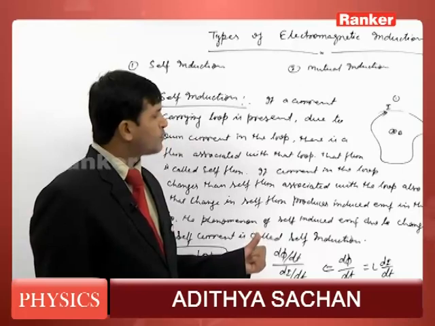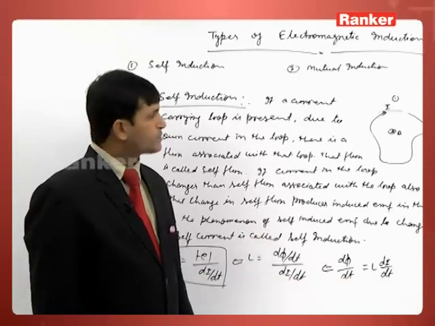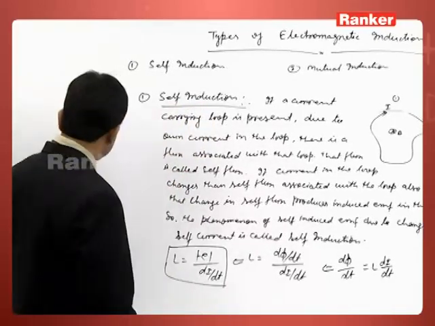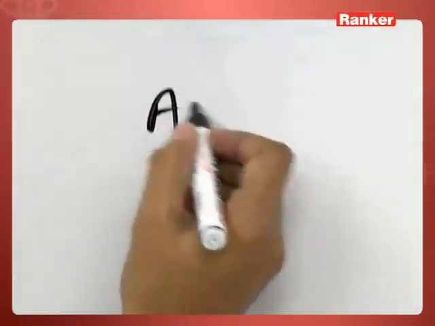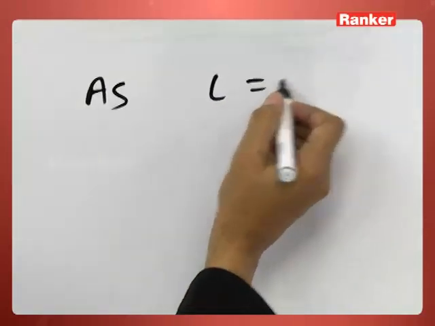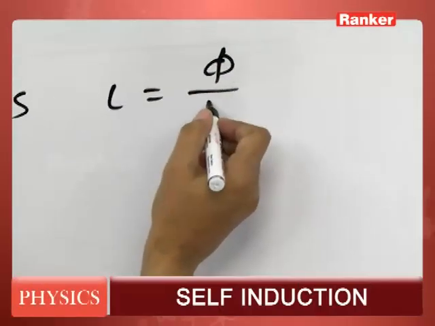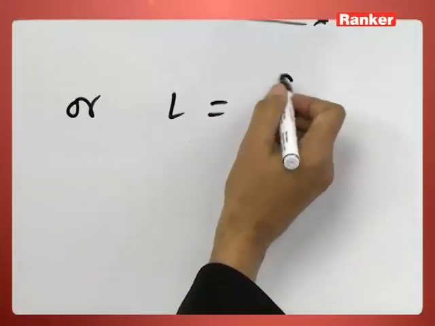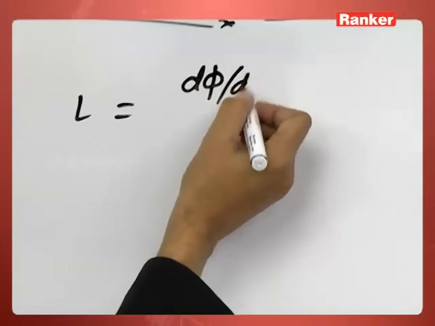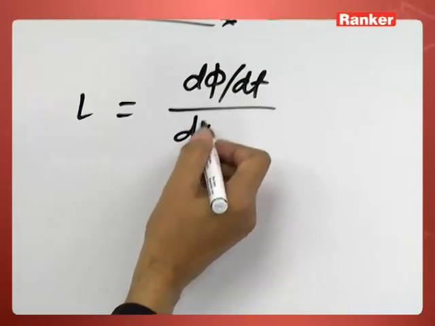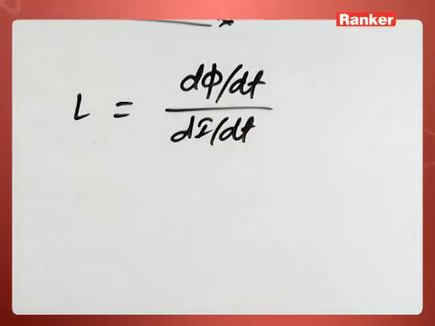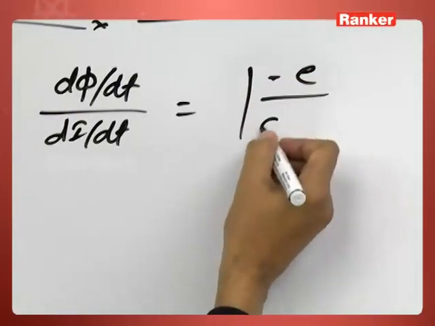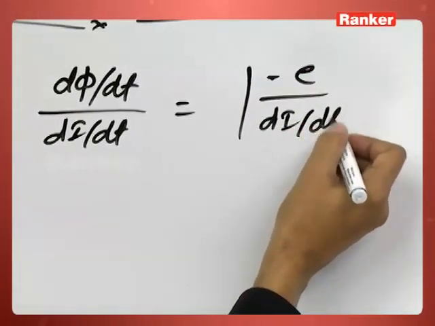So now see some points related to inductance or self induction. See, as we have found L is equal to phi by I, or L can be defined as d phi by dt by di by dt, or we can write modulus of minus e by di by dt.